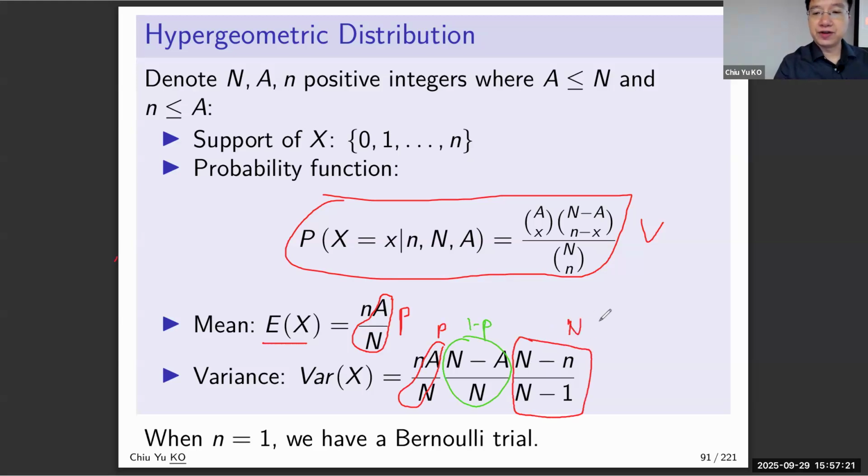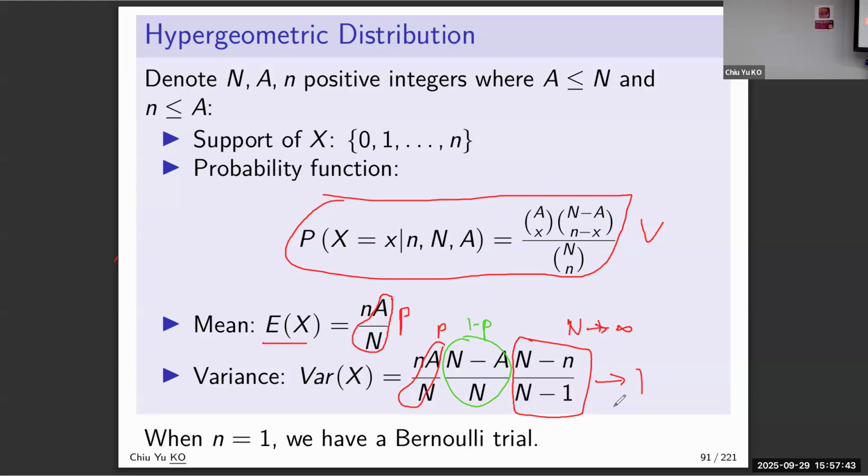And if big N goes to infinity, this is just 1. Where big N is very large, this is 1. Sometimes in statistics this is called the finite sample correction. That's why when N is very large, binomial and hypergeometric are the same.